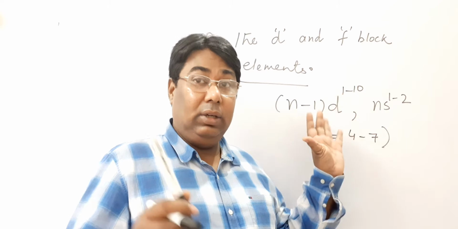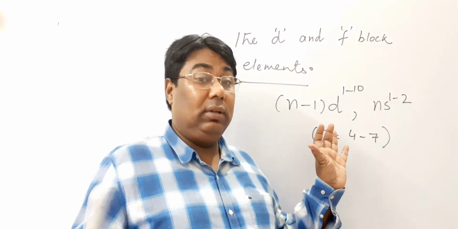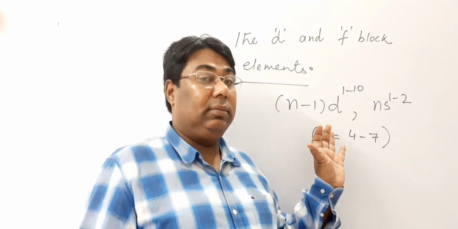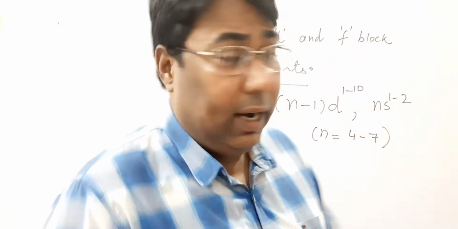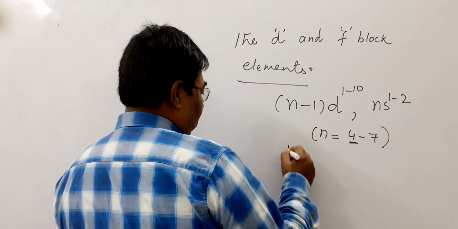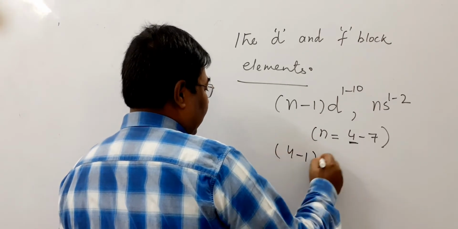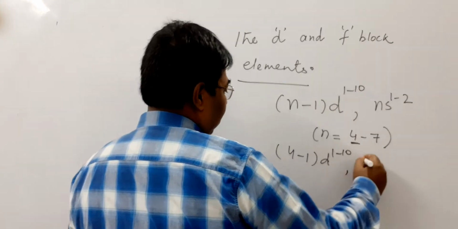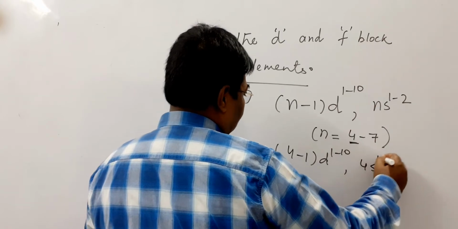Okay, and d-block elements, suppose that when n is equal to 4, then 4 minus 1 gives 3d^1-10, 4s^1-2.